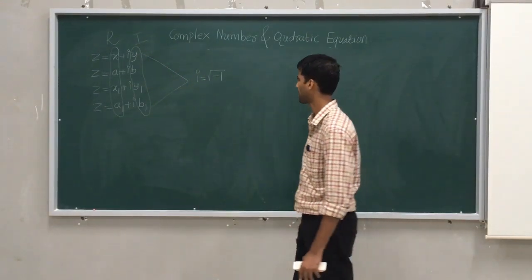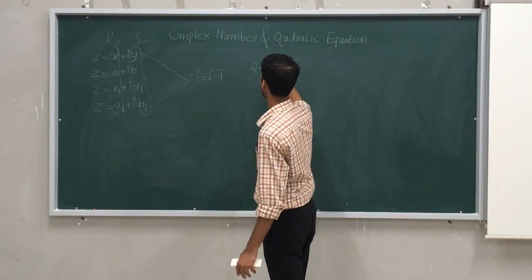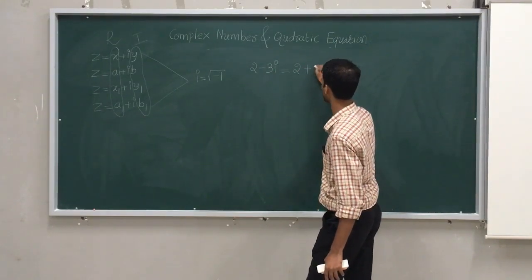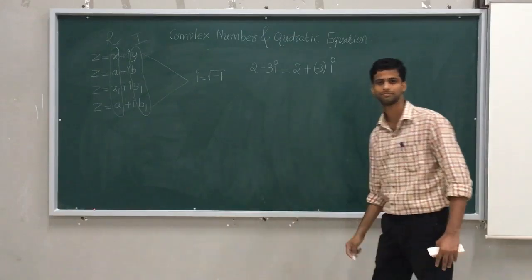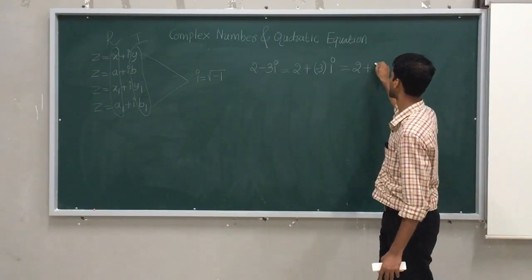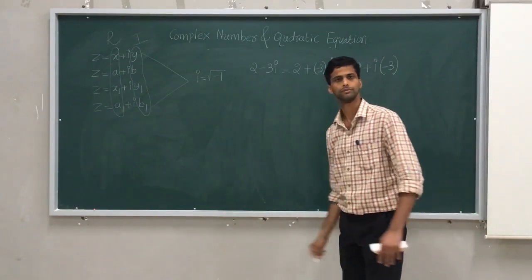And one more thing, if you have 2 minus 3i, you can rewrite it as 2 plus minus 3 into i, or you may write it as 2 plus i times of minus 3. Understood?